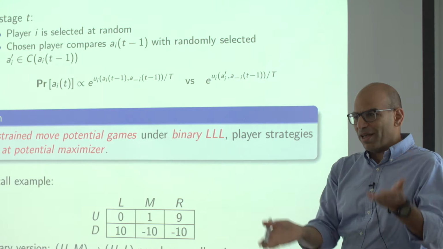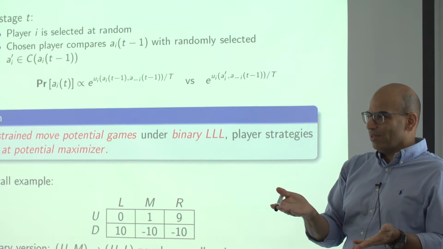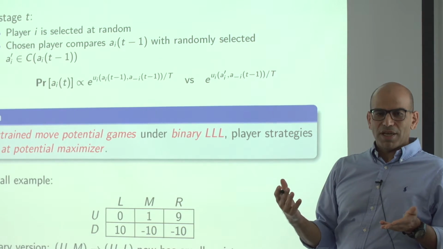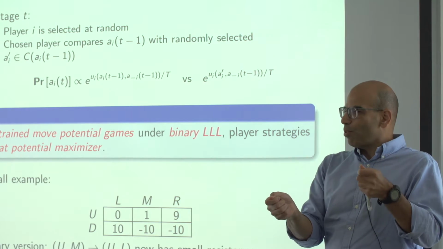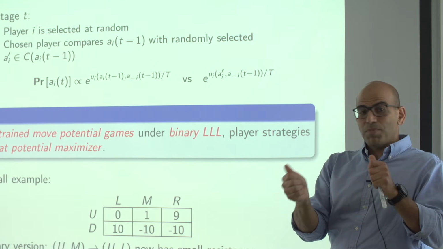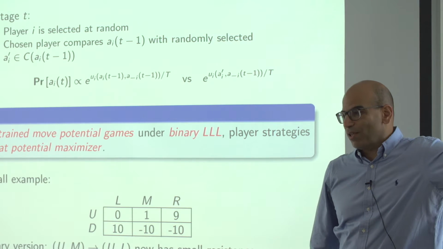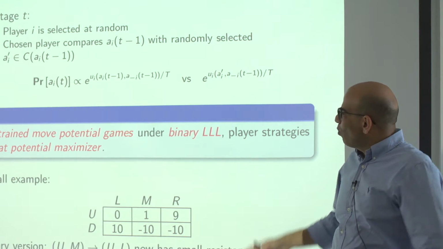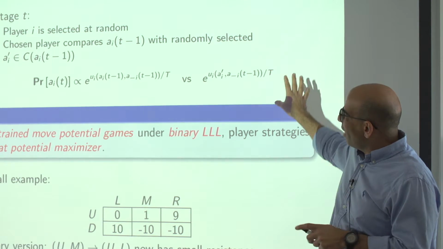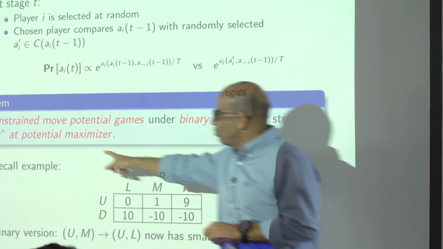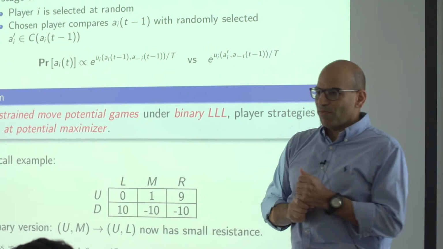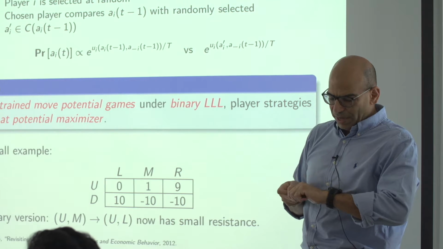I'm going to use the Gibbs distribution to make the choice. Sometimes this is called probe and adjust dynamics. Pick one alternative, that's the probe part, and adjust is pick the better one according to the Gibbs distribution. And then one can show analytically that probe and adjust will, for potential games, spend most of its time at the potential function maximizer.